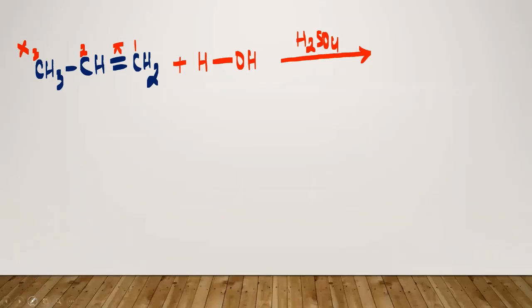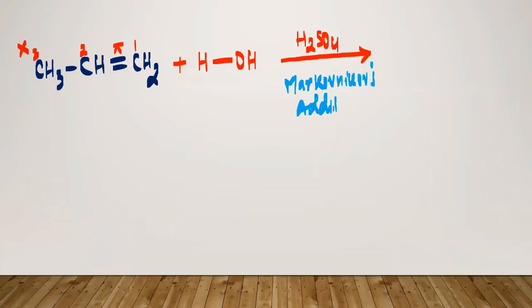So I took an alkene and I'm going to add the water in presence of an acid, but how we have to add the water is the important point. We have to do Markovnikov's addition of water. So what is Markovnikov's addition, my dear friend?